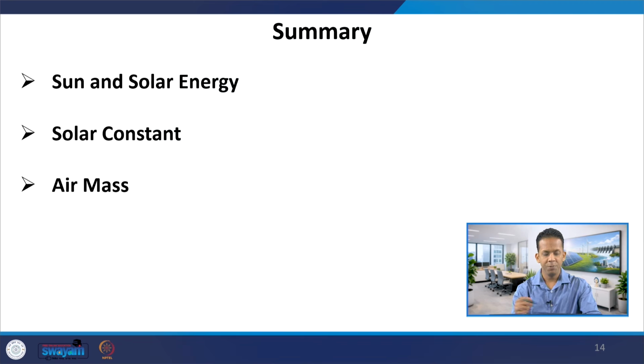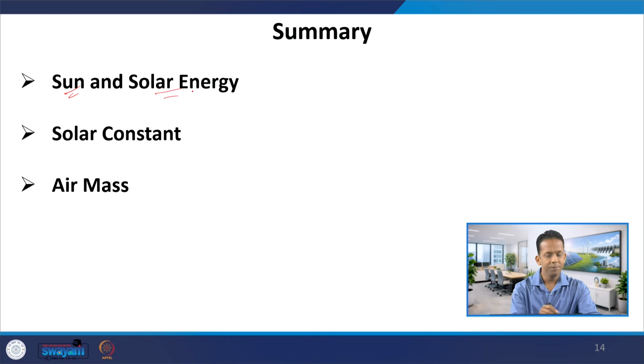Just to summarize, we started with the sun, how it constitutes a major portion of the mass of the solar system, and what its key parameters are, like pressure, temperature, diameter, and mass. It clearly shows that it is significantly huger than any of the planets in the solar system.